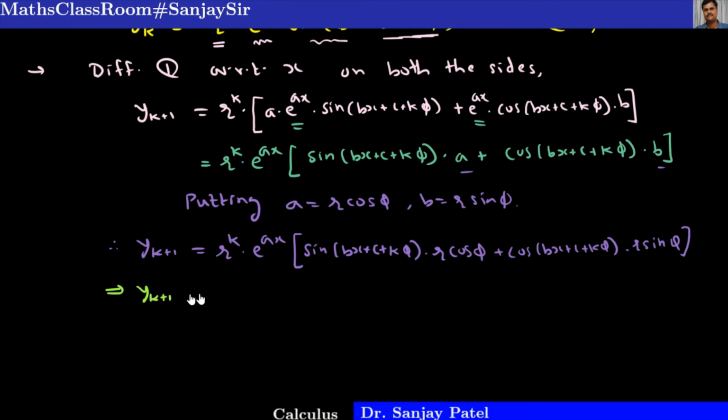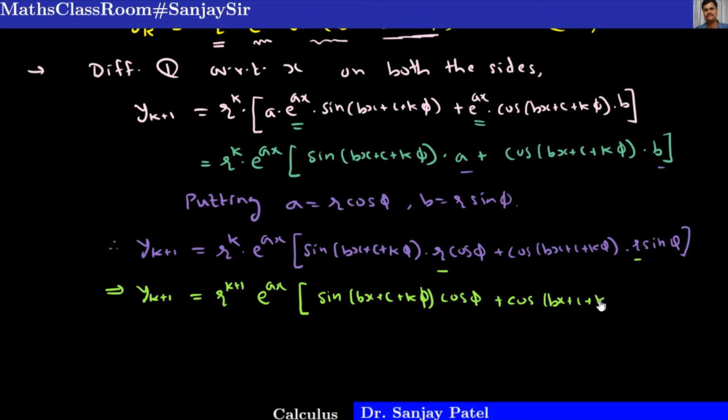y(k plus 1) as, see, in this expression r is a common factor which I can write outside, and that makes r to the k into r as r to the k plus 1 as above, and e raised to ax as it is. And this gives me sine(bx plus c plus k phi) into cos phi plus cos(bx plus c plus k phi) into sin phi.